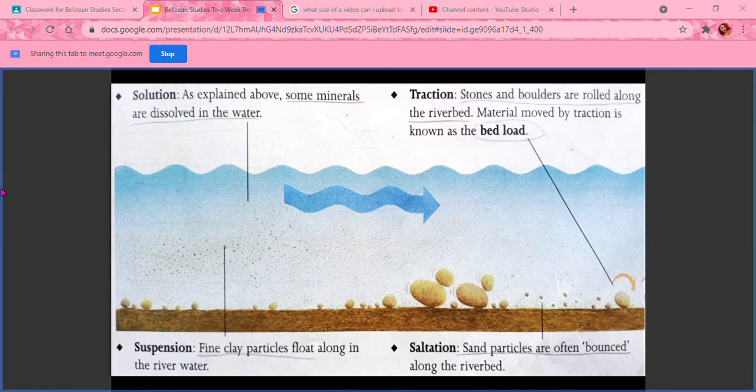Solution is when some minerals are dissolved. This solution is the same solution as in erosion. When we talked about solution in erosion, we said some soil particles are automatically dissolved, and because they are dissolved, they flow with the water. I can't stop it.